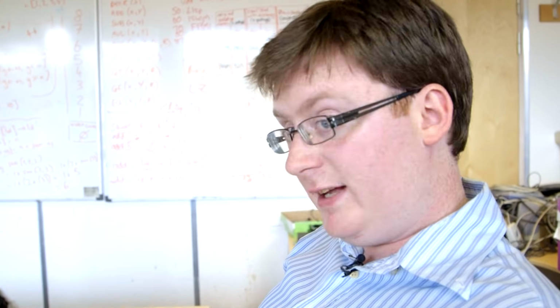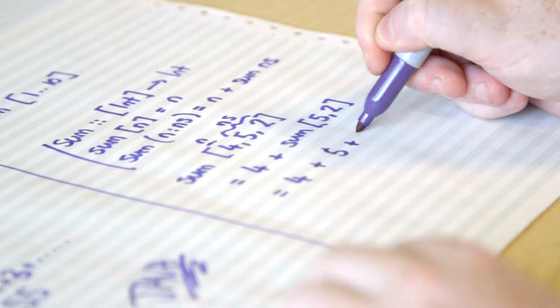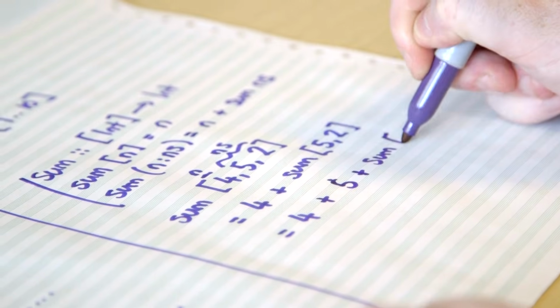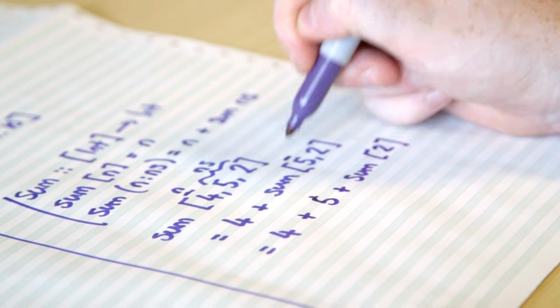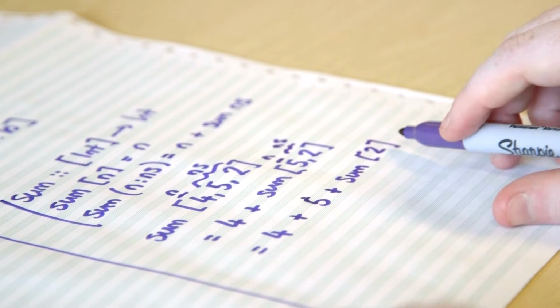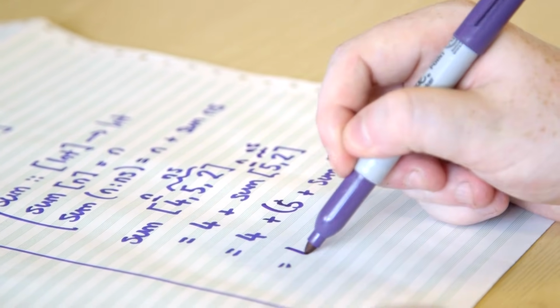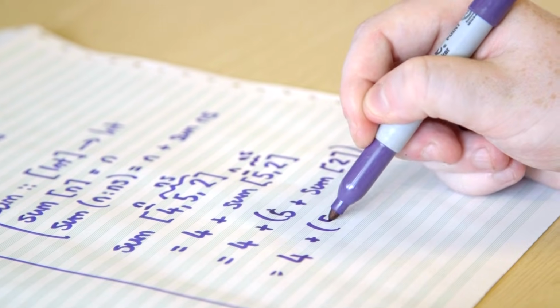To carry on with this evaluation, that's sum 5 plus sum of 2, because in this instance this was the n and this was the n's. Now I carry on, and to be correct I bracket that: 4 plus 5 plus.